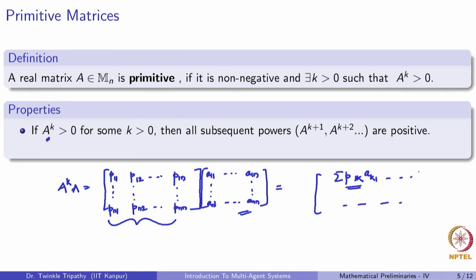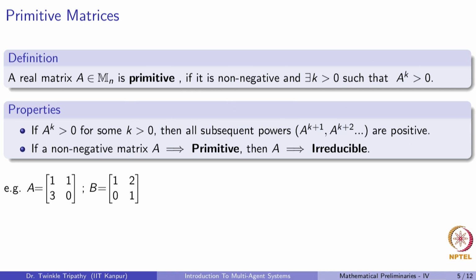Hence, the same logic will apply to every other entry, meaning this entire product will again be greater than 0. And we can keep doing this iteratively and we'll observe that every other power also becomes greater than 0. Yet another interesting property is that whenever a matrix A is primitive, it naturally becomes irreducible as well.